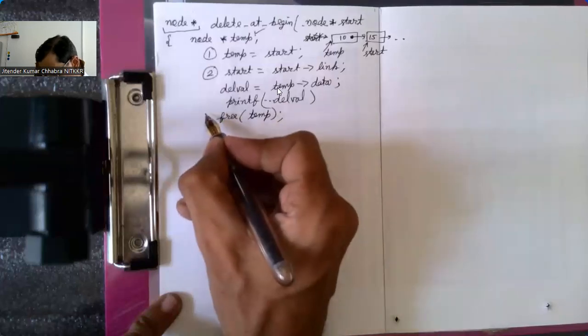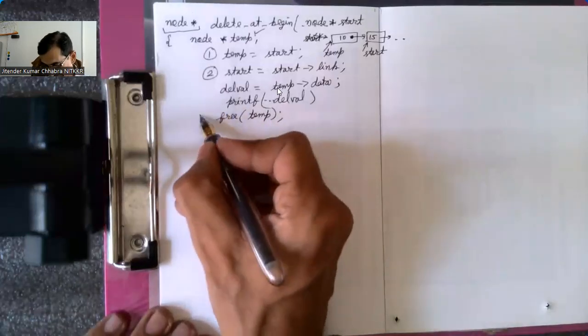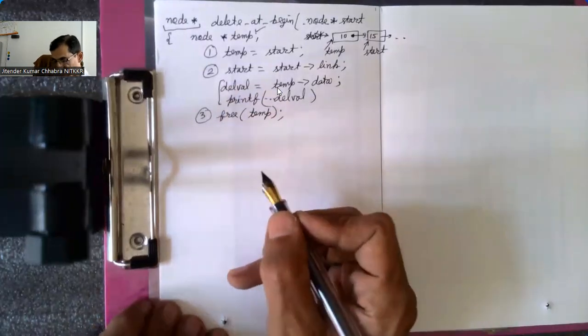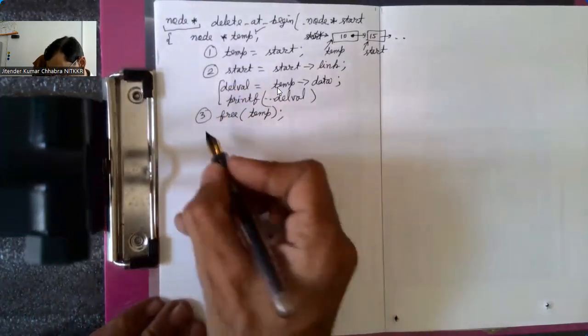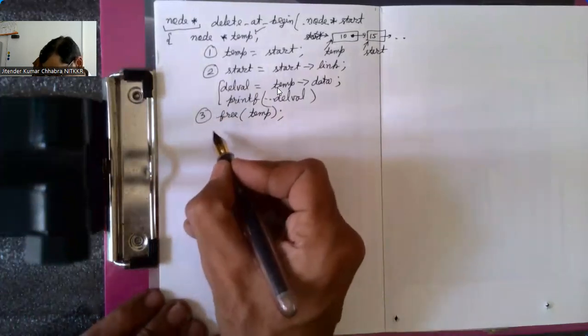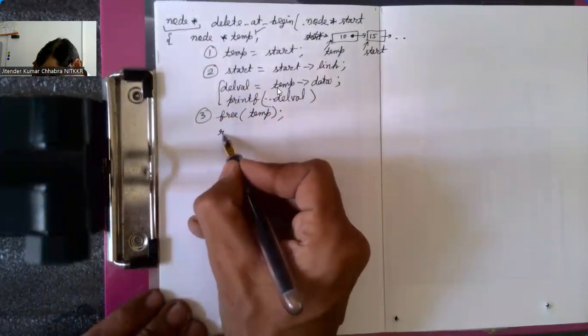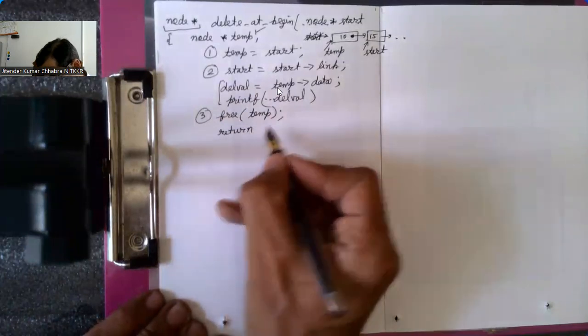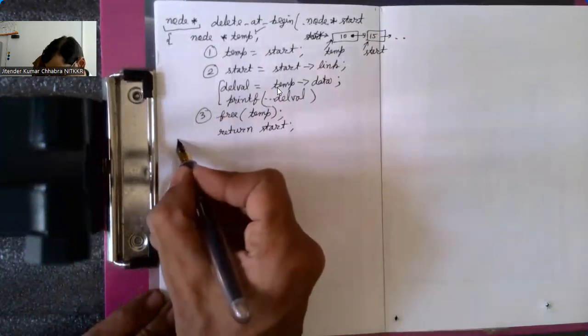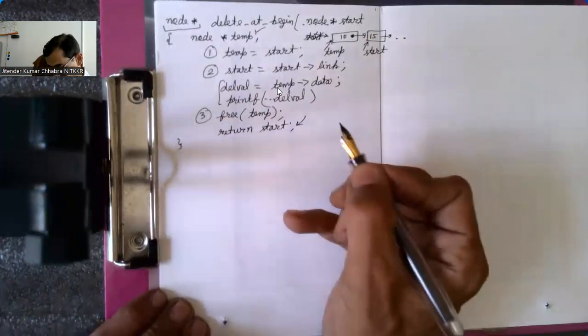So free temp; that is going to be your main third step. The previous step is if you want the value to be displayed or returned. And then finally, you have to return the updated start. So return start is a must, because start has changed.